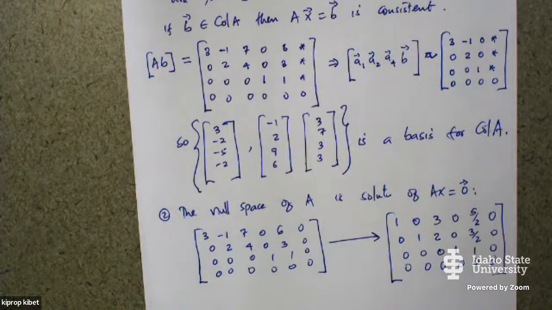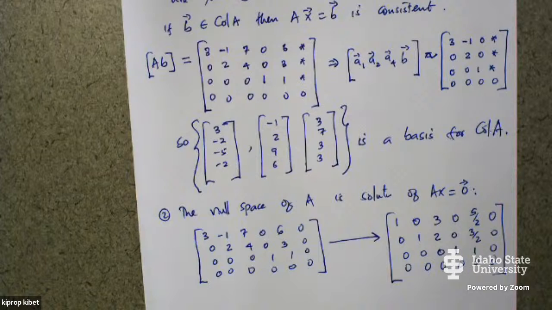So what you need to do first is make this one to be 1. You multiply by 1 over 3. Since this is a pivot position and this is already 0, you're good there. Then you make this one 0.